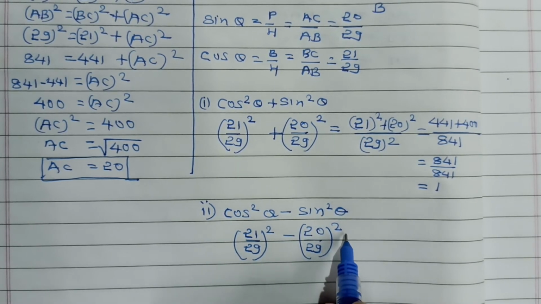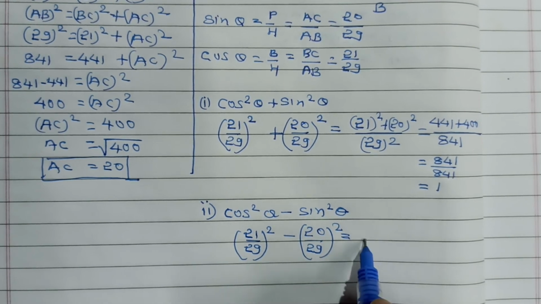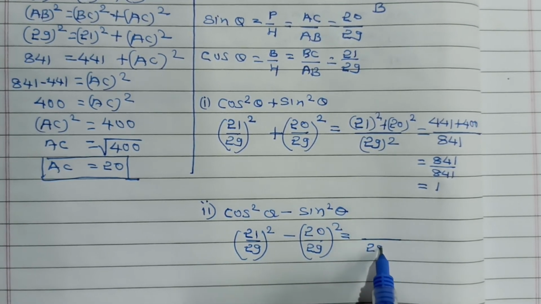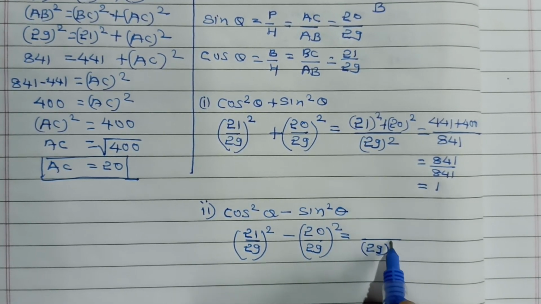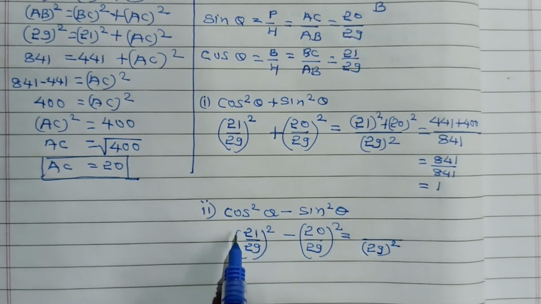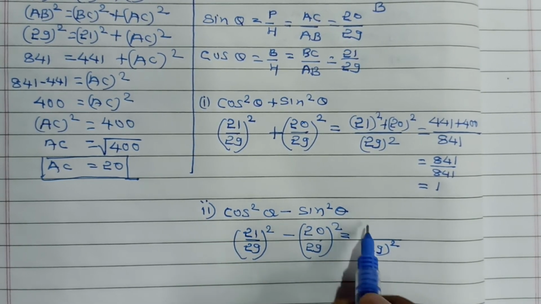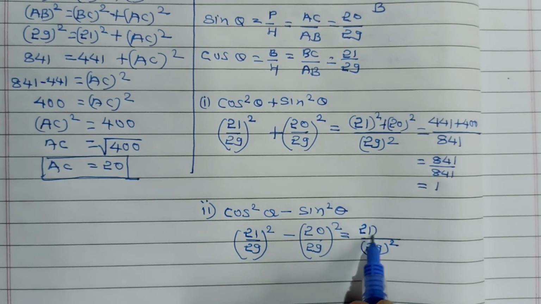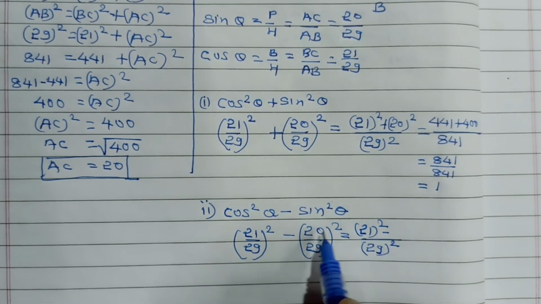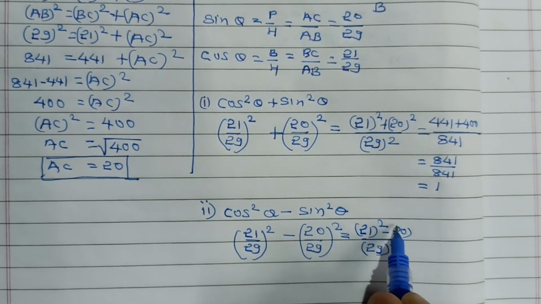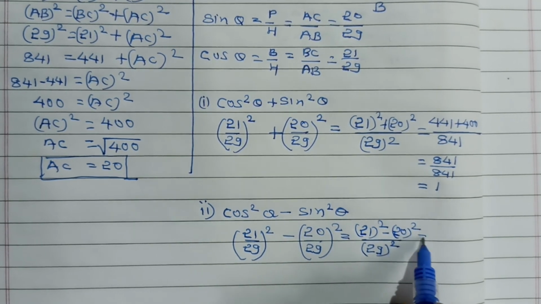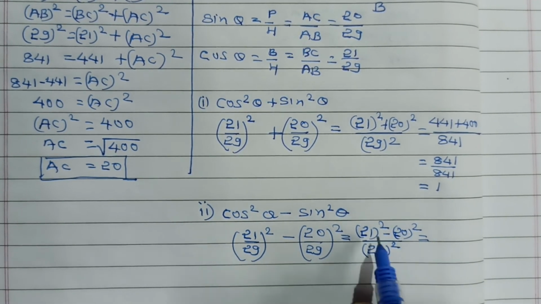Now for this case also, denominator are same, so therefore you have to write this 29 here at denominator place, and it is, you have to write in square. And then this 21 and 20 square you have to write here. So 21 square minus 20 square. Now what is the square of 21?